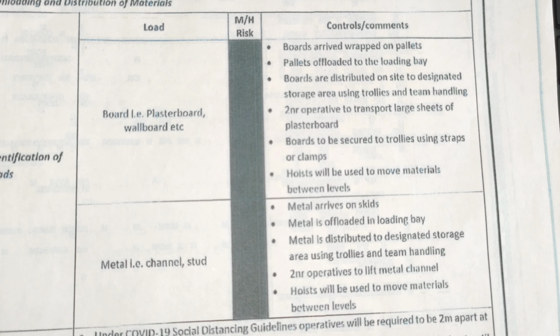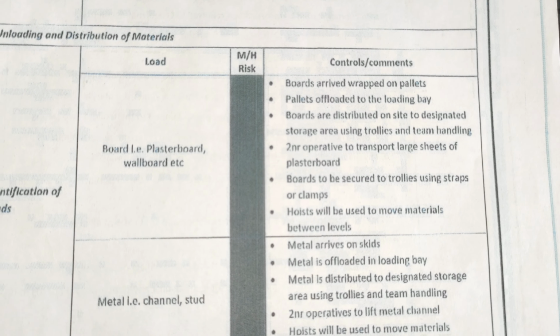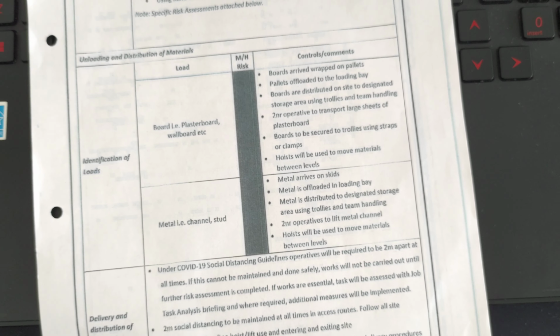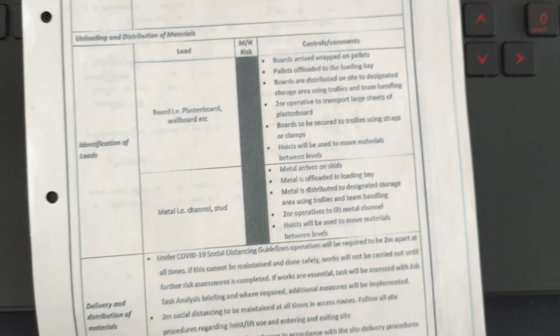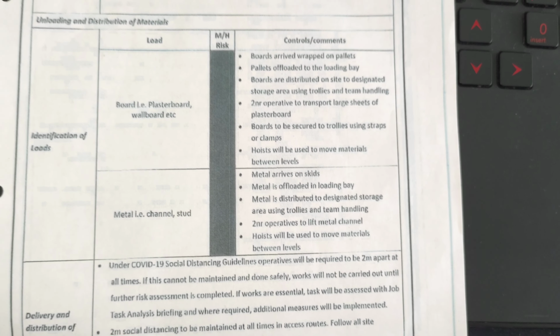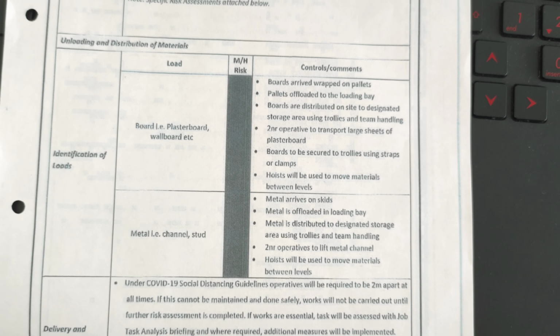Usually these kinds of tasks involve two people moving the plasterboard or the metal, because one person is usually not doing this. And when you need it, using the hoist on our site is very easy. You can even move one pallet with 2-3 people.